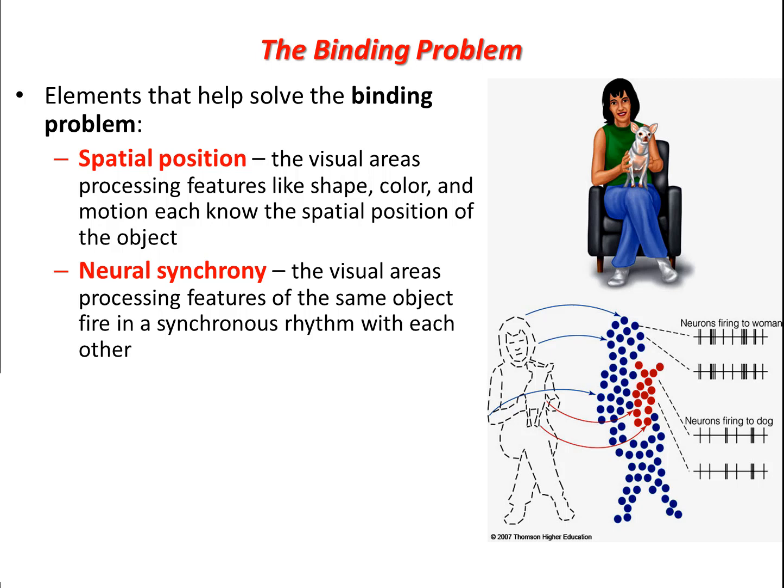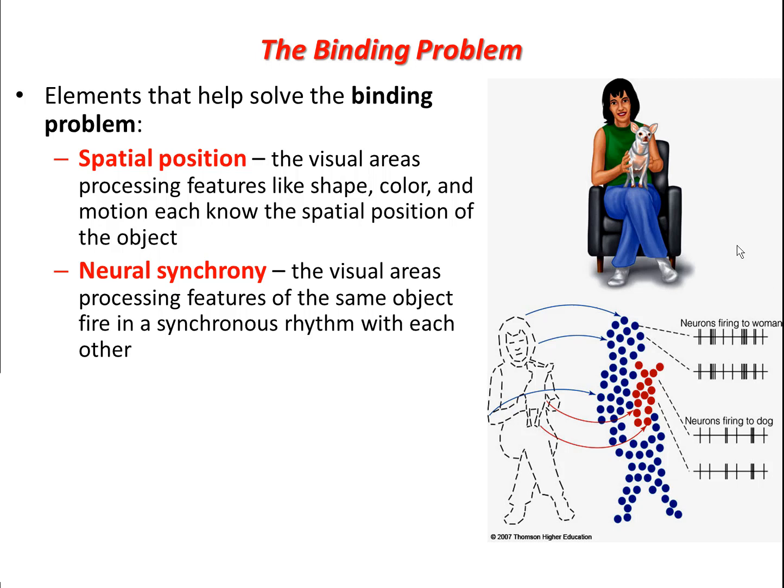The other idea that has been proposed is neural synchrony: the idea that the visual areas which are processing these features of this particular object are all firing synchronously in a rhythm, in a pattern that can be identified as belonging to that object. Any change in that object, any movement, any change in spatial location, can then start a new pattern of activation.